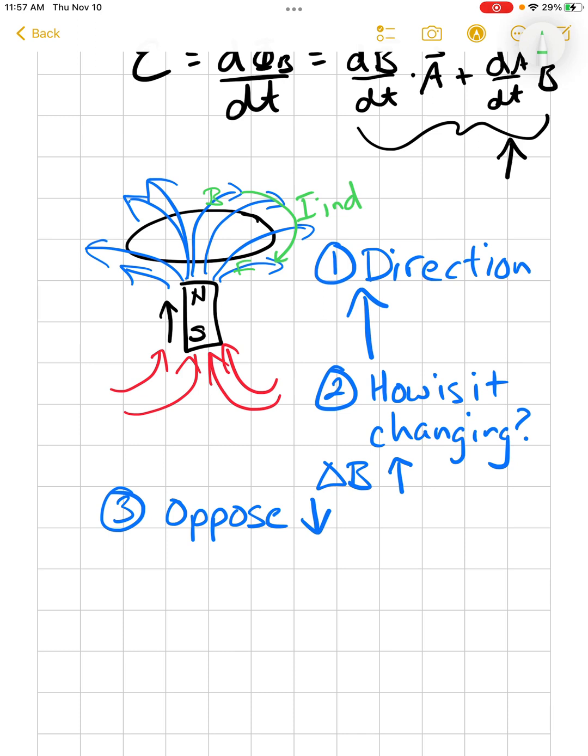And that's going to create a magnetic field to oppose the magnetic field that's increasing from the magnet moving towards the ring.